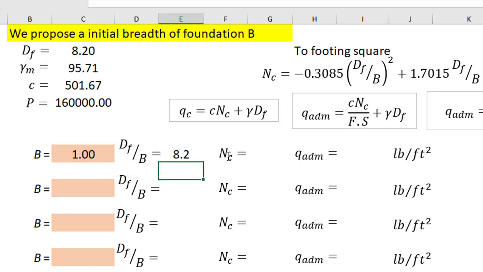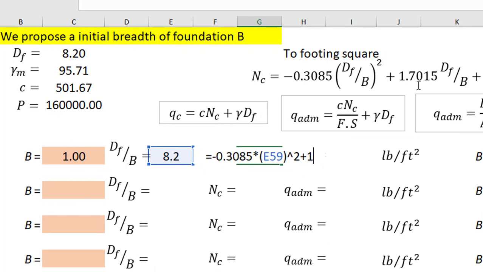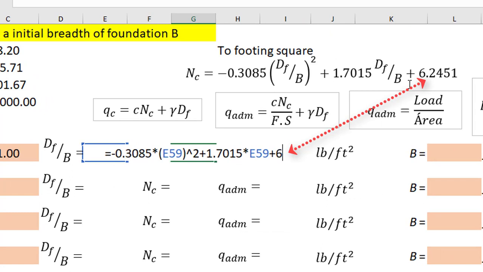Okay. And the NC factor is equal to, we use the equation of the blue curve, D between B to the square plus by D between B plus 6.2451. Enter.